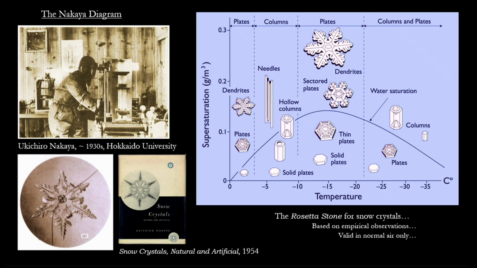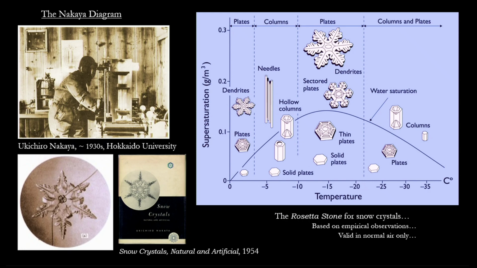And so this is now called the Nakaya diagram, okay? And it's kind of an empirical thing, and it's qualitative. It just gives morphologies. But it's become kind of a Rosetta Stone. I call it the Rosetta Stone for snow crystals, because when you have this diagram, now you can understand kind of what's going on when you look at crystals falling from the sky.